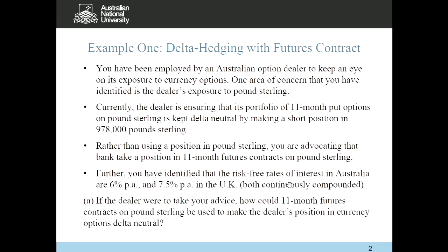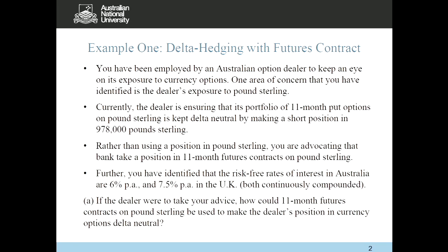The first question says, if the dealer were to take your advice, how could the 11 months futures contract on pounds be used to make sure that the dealer's position in the currency options is kept delta neutral? So let's walk through the question. First of all, we were not told what kind of position the dealer is taking on this put option, which is written on foreign currencies.